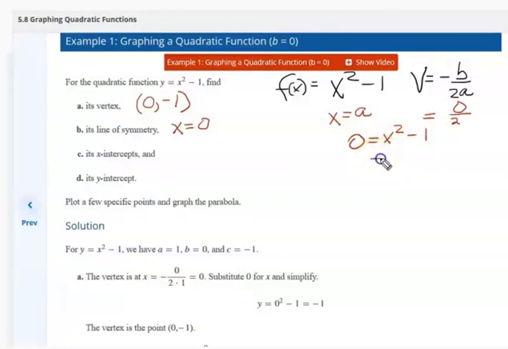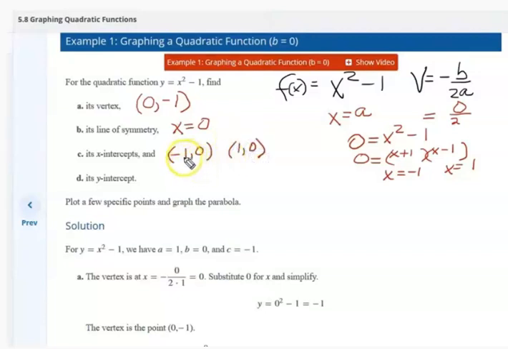We could also use the tool that this factors into its conjugates, x plus 1, x minus 1. So here, x is going to equal -1, and x would equal +1. But remember, that's only the x coordinate. So this is going to be -1, comma 0, and this will be +1, comma 0. You have found the zeros. This is finding the x-intercepts.